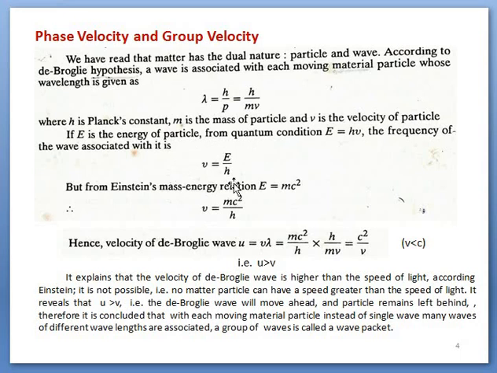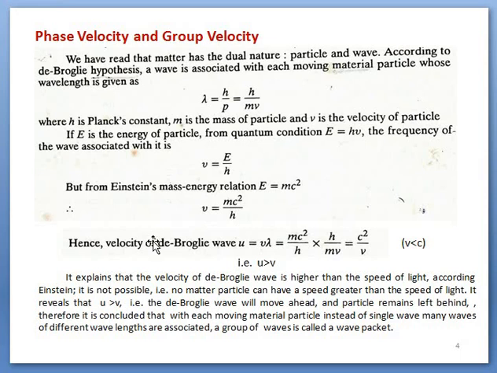This equation represents the wave nature. Again, according to Einstein's mass energy relation, we have E equal to mc square. By substituting this value of energy in this equation, we obtain the frequency in this manner.